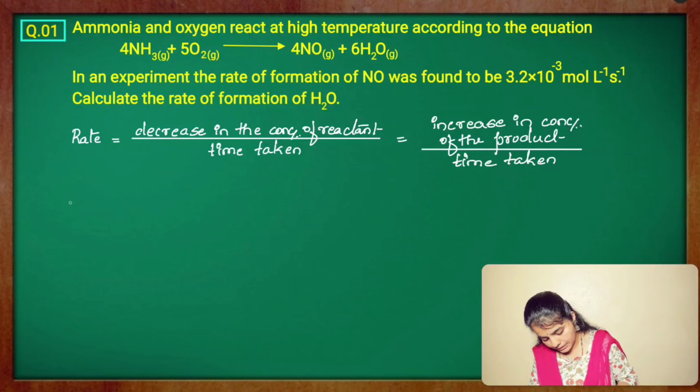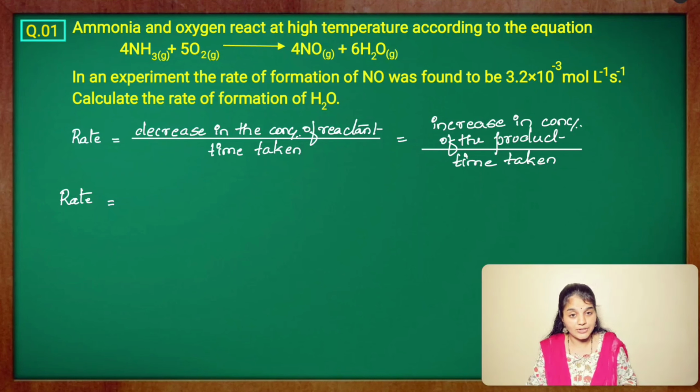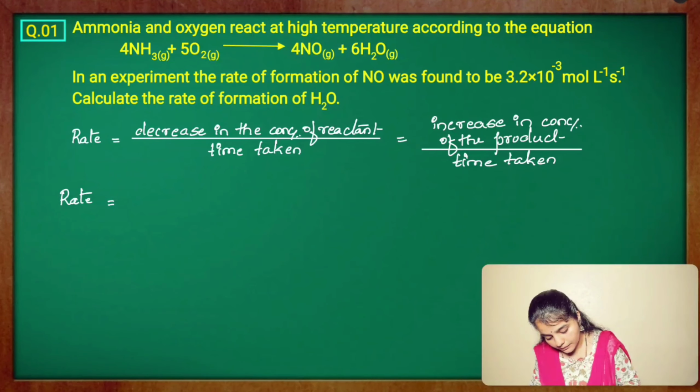So for the given chemical equation, rate is equal to decrease in concentration of the reactant, because during a chemical reaction always the concentration of reactant decreases and products are getting formed, therefore concentration of product increases. So here we have the concentration of reactant that is decreasing with the time.